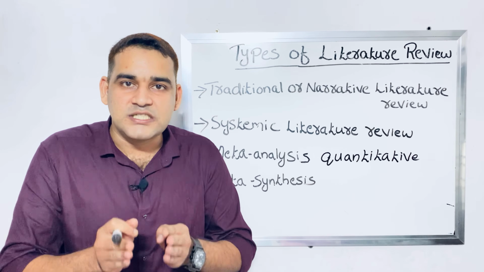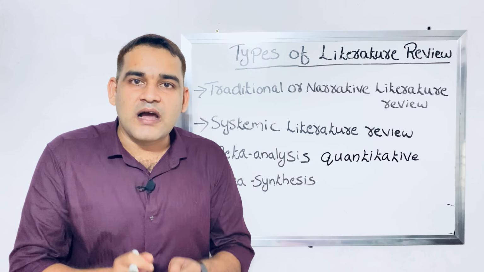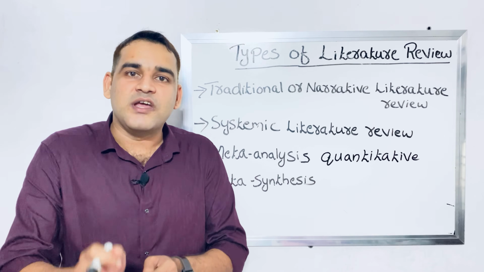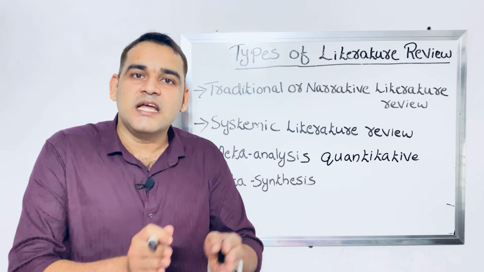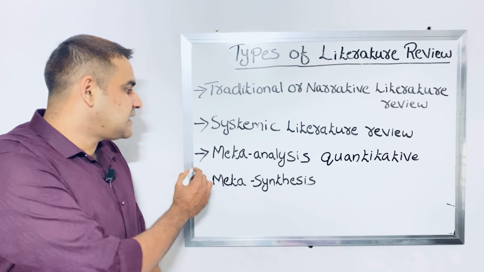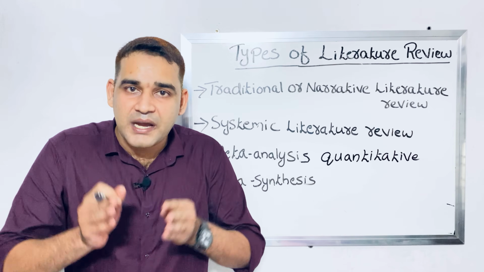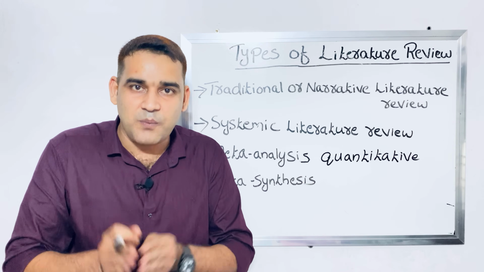We have to check using statistics, because with one study we can't confirm. With many studies, using statistical techniques, we check similarity and difference in the study results. That is meta-analysis.